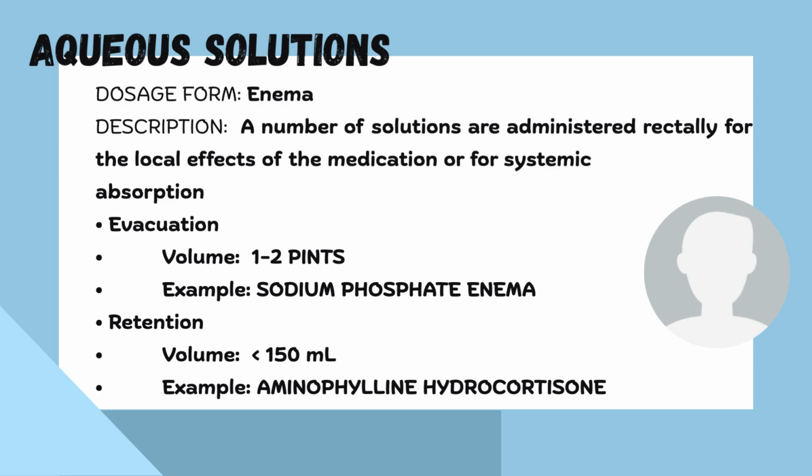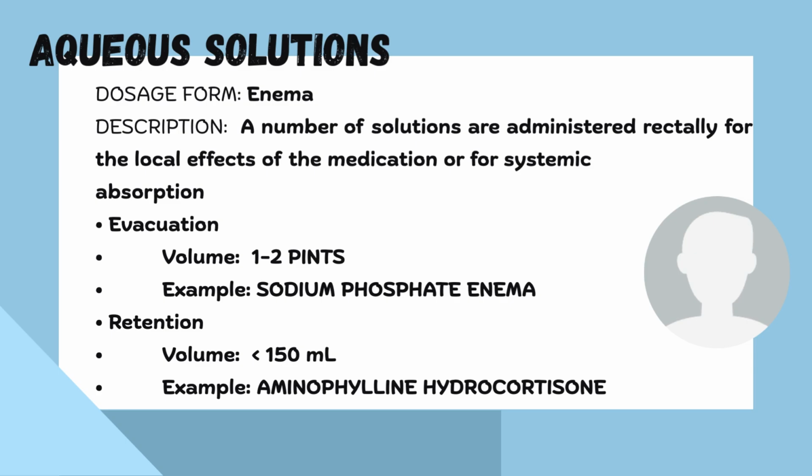It can be for evacuation or for retention. The rectal route is often used when the patient cannot take medicines orally or a local action like bowel cleansing is desired. Okay, and then types of enema, evacuation enema.